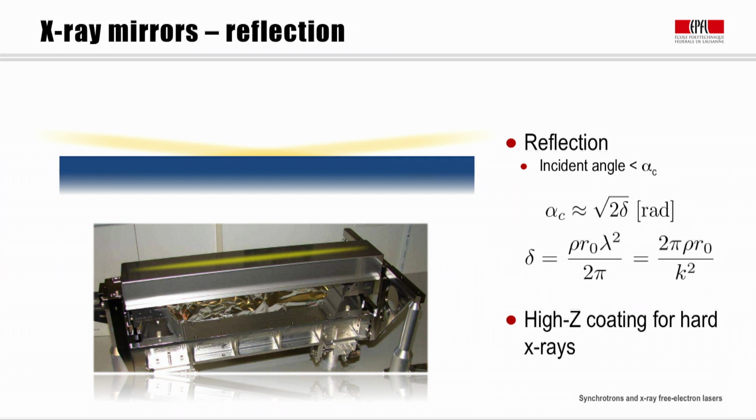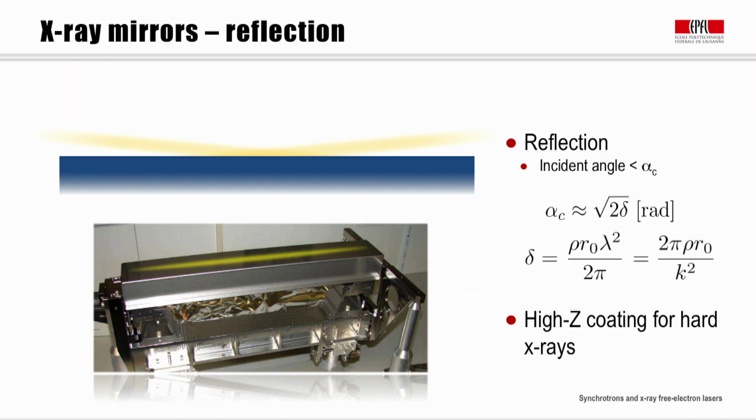In the second week of this course, we established that at sufficiently shallow incident angles, X-rays can be made to reflect off a flat surface via total external reflection. The upper limit to the incident angle, you will remember, is given by the critical angle α_c, which is equal to the square root of 2δ, where δ is the refractive index decrement.